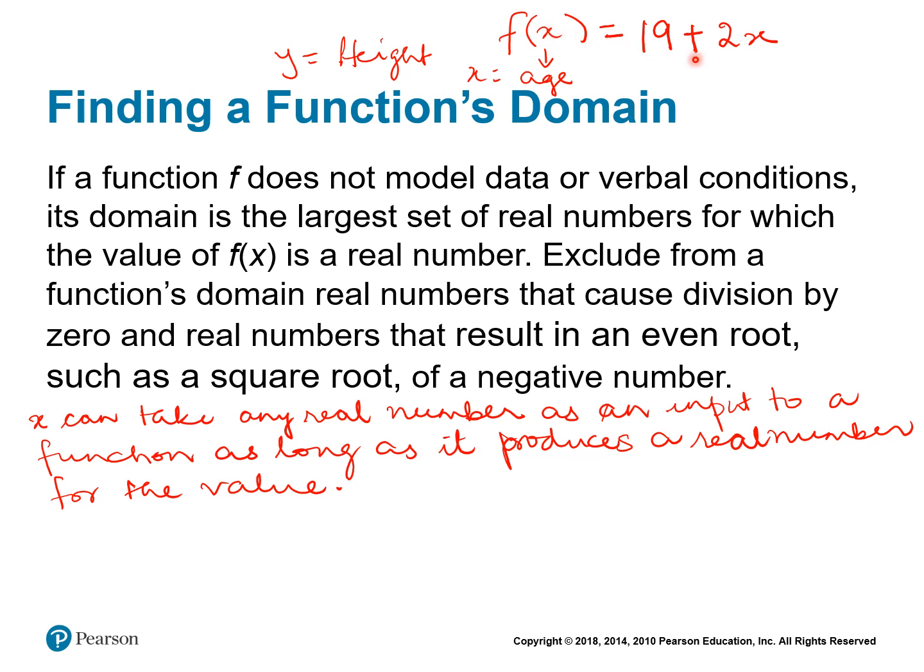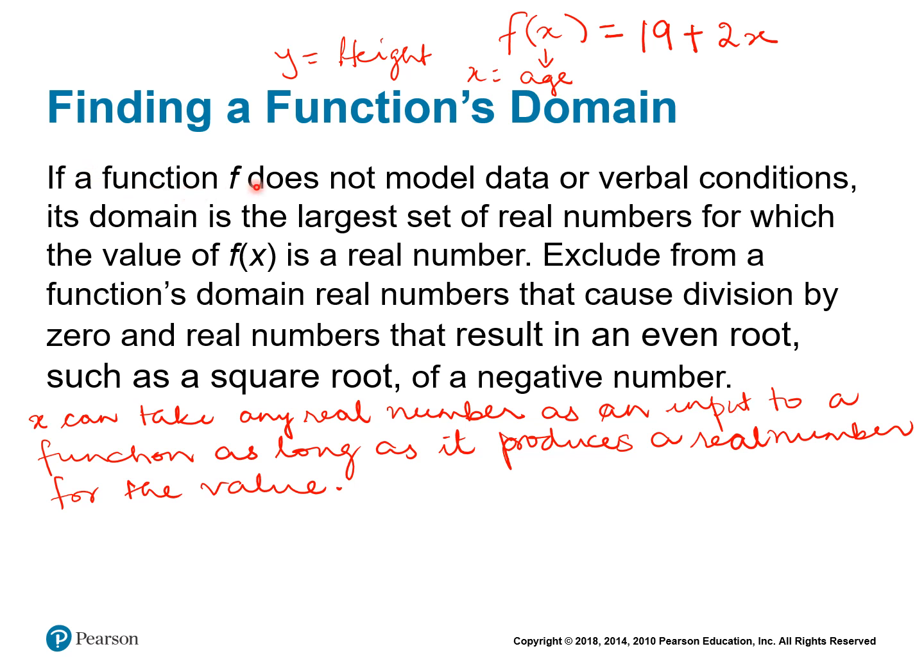So if it is a real life based problem, an application problem where we are trying to model data, then there will be some natural constraints on the domain of the function, the x values of the function. All right, so that is what the first line in this definition is saying.